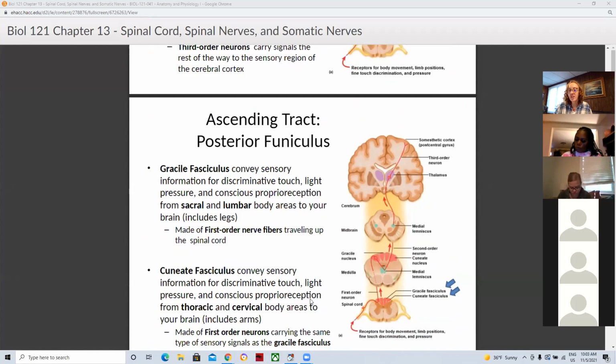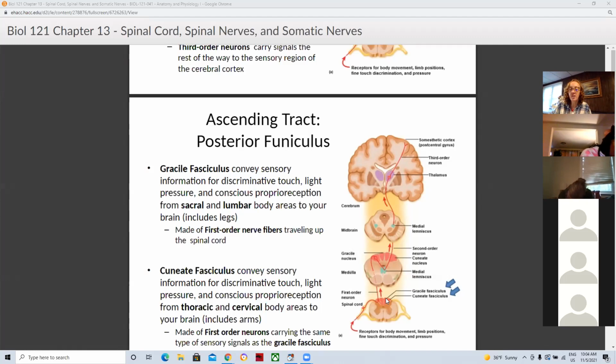In the posterior funiculus, remember this is one of the white matter columns of the spinal cord, there are 2 different fasciculi. These are smaller tracts. The gracile fasciculus is going to convey sensory information for discriminative touch.